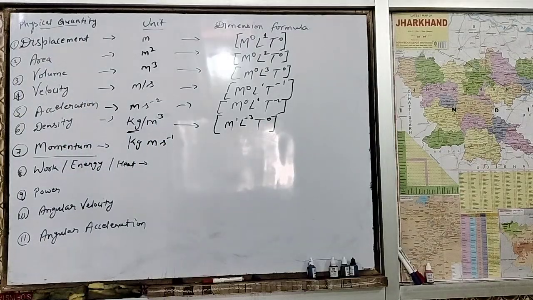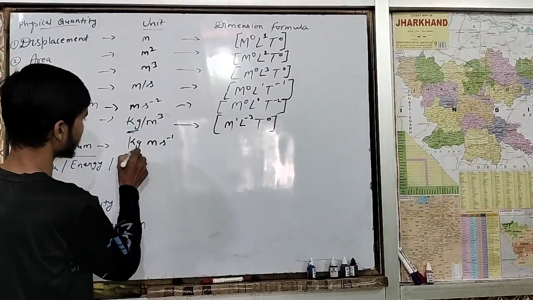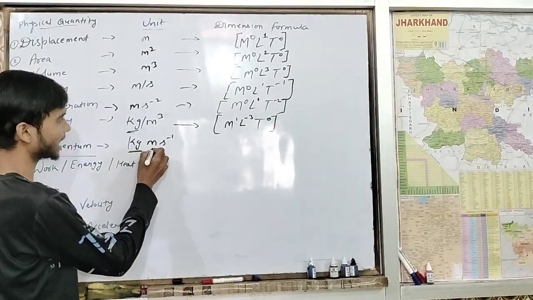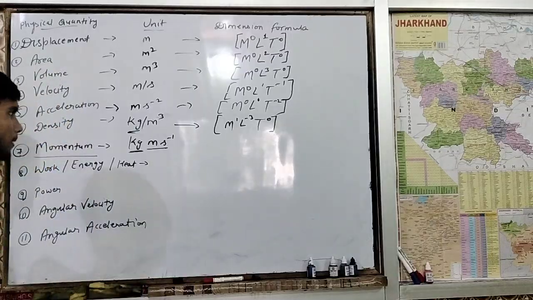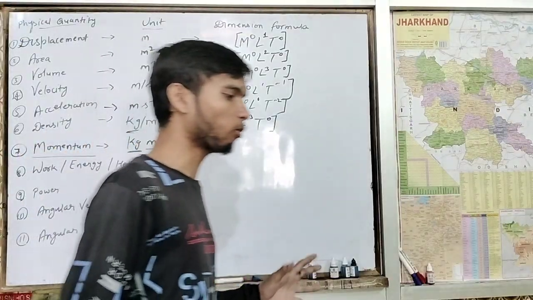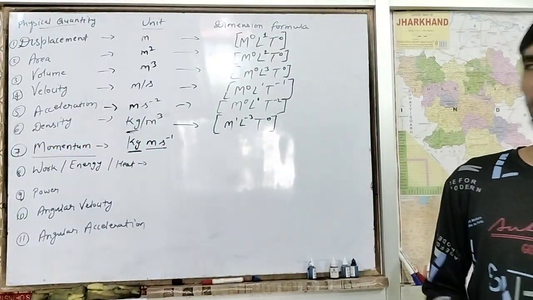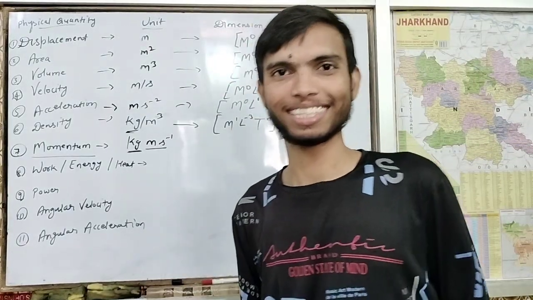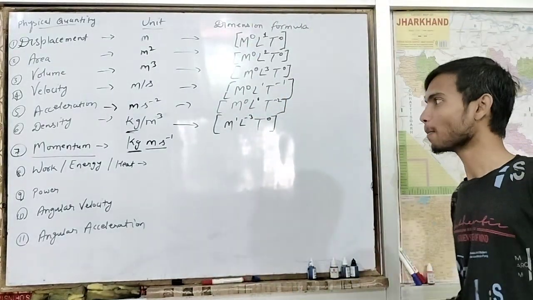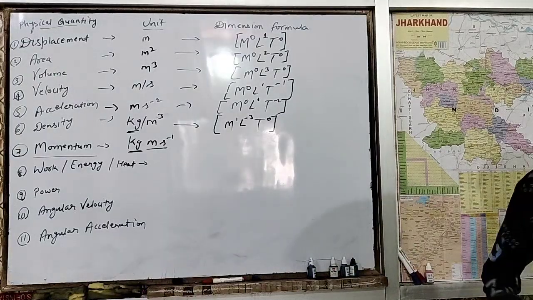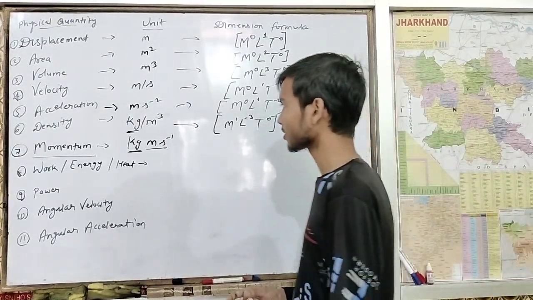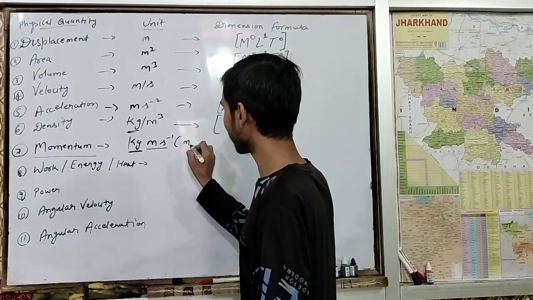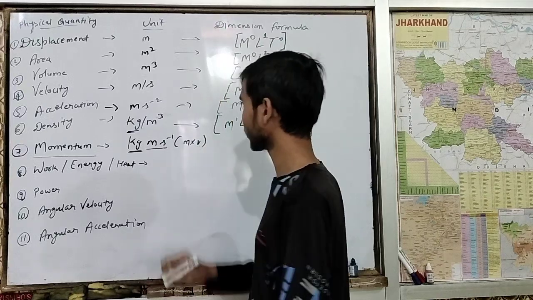This is the unit. But the formula for momentum is what? Mass multiplied by velocity, not acceleration. M multiplied by v.